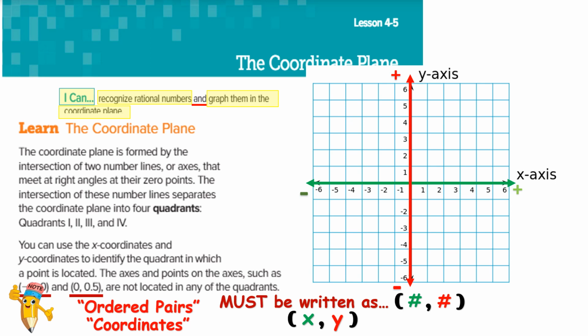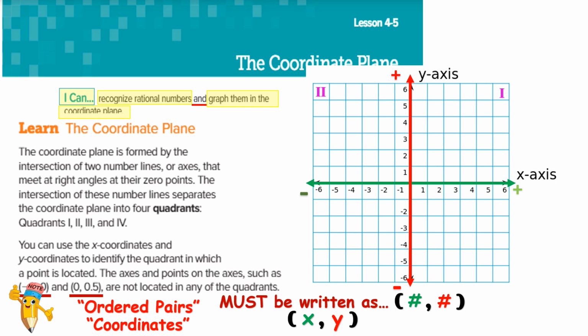So when we review what these ordered pairs are telling us, they're telling us where we're going to locate something, such as in quadrant 1. So when I look at quadrant 1 versus quadrant 2, what's going to be different is the x, because the x in quadrant 1 is going to be positive, where the x in quadrant 2 is going to be negative.